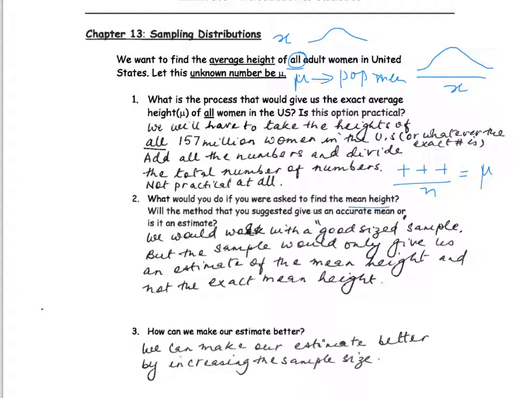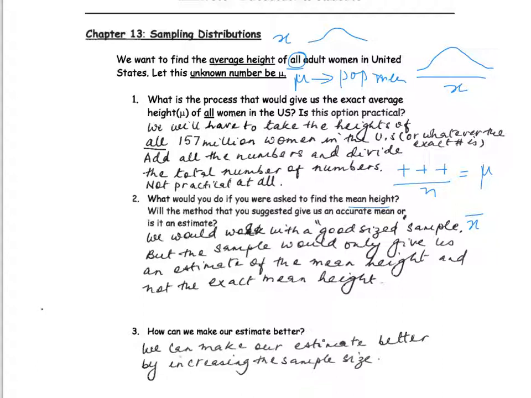If we were asked to find the mean height of all adult women in United States, we would first find a sample of women that is reasonably big. So that is a good sized sample, and find the sample mean, which is x bar.